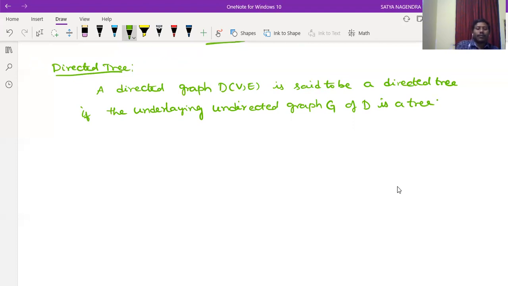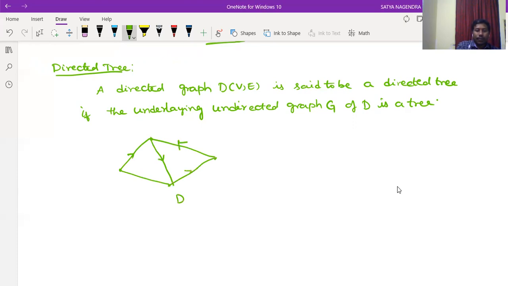Okay, so you observe, if you have some directed graph where there is an importance for the direction between those vertices, if you are joining those vertices, so D here I am taking like this.